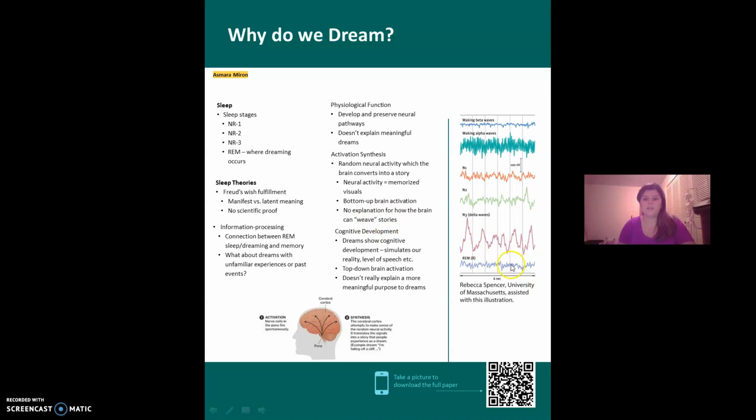And then the last stage would be REM sleep, rapid eye movement, and this is where dreaming occurs. All of a sudden, your brain waves look like they did in N1 when you were falling asleep. But in REM sleep, instead of feeling more relaxed, your heartbeat actually rises, you're breathing faster, you're breathing harder, and your eyes dart behind your eyelids.